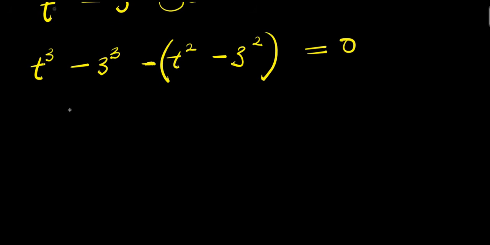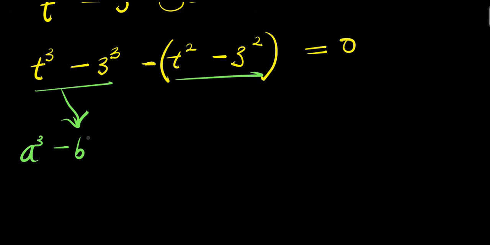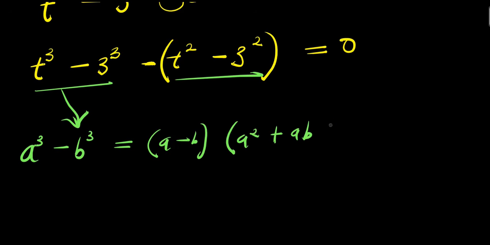At this point, we can expand this and this. So to expand this, we consider this identity: a power 3 minus b power 3 equals a minus b times a squared plus ab plus b power 2.